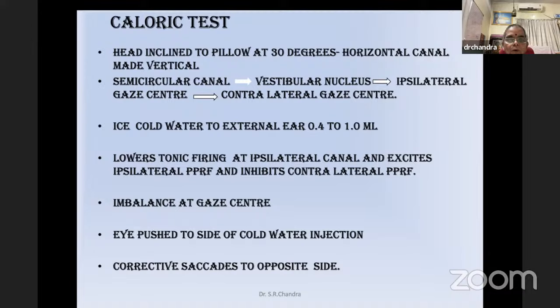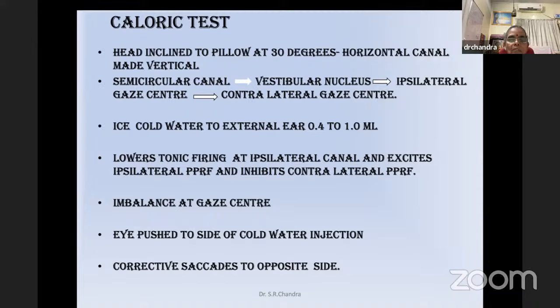So ice water lowers the firing at the ipsilateral canal and excites the ipsilateral PPRF, and it inhibits the contralateral PPRF. This produces an imbalance at the gaze center. An irritation of the PPRF will move the eye towards the side of the irritation. So if you inject into the right ear, the eye will come to the right side.